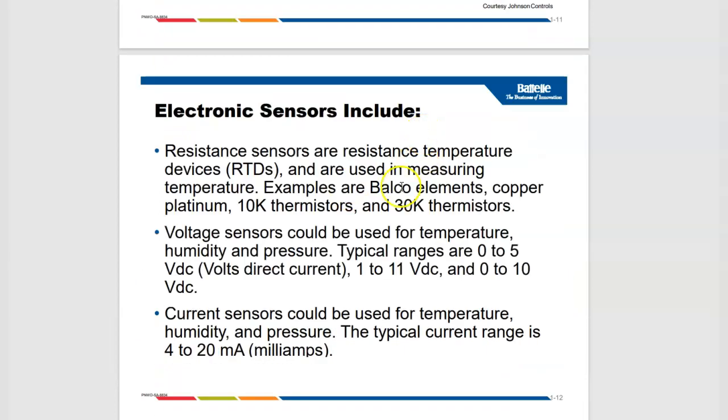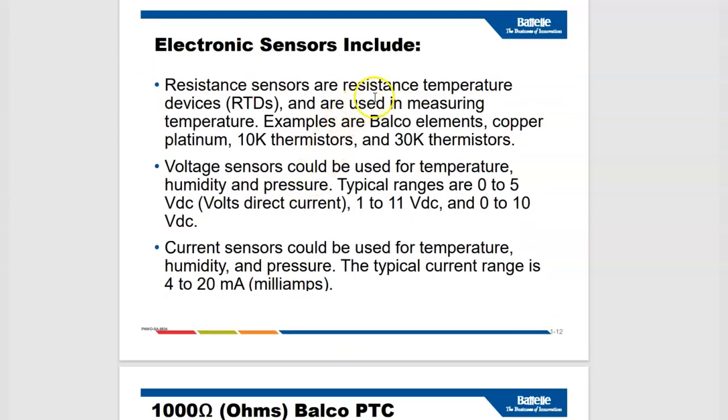Electronic sensors include resistance sensors, temperature RTD, used in measuring temperature. Examples are barcode element, copper, platinum, and 10K transmitter and 30K transmitter. This is a type of sensor.